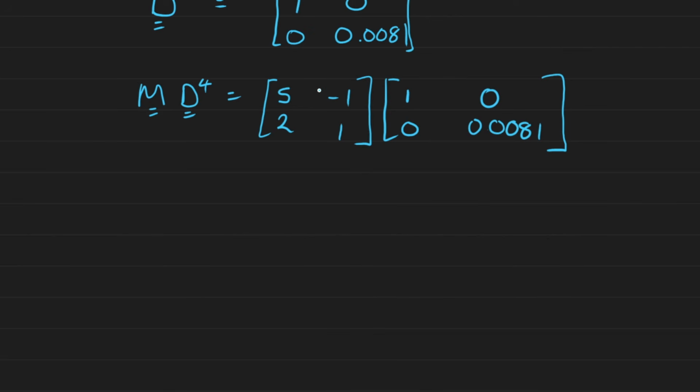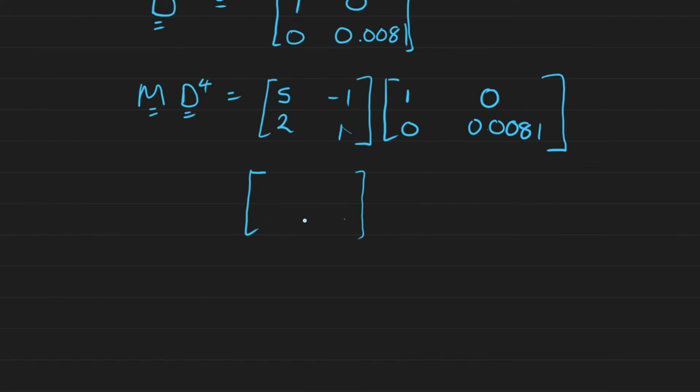We're going to multiply row 1 and column 1 to get position 1 of this new matrix, and then take row 1 times column 2 to get position 2 of the first row. Then for the next row, we take row 2 times column 1, and then row 2 times column 2 for the second row, second column element.